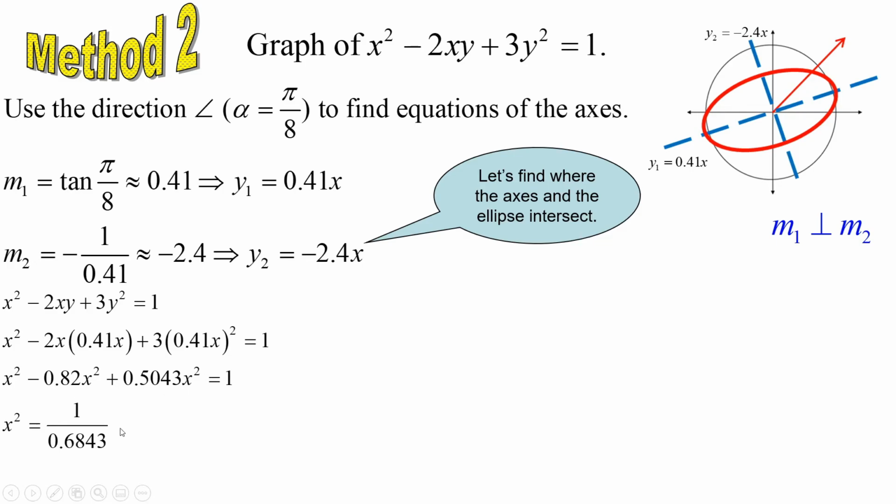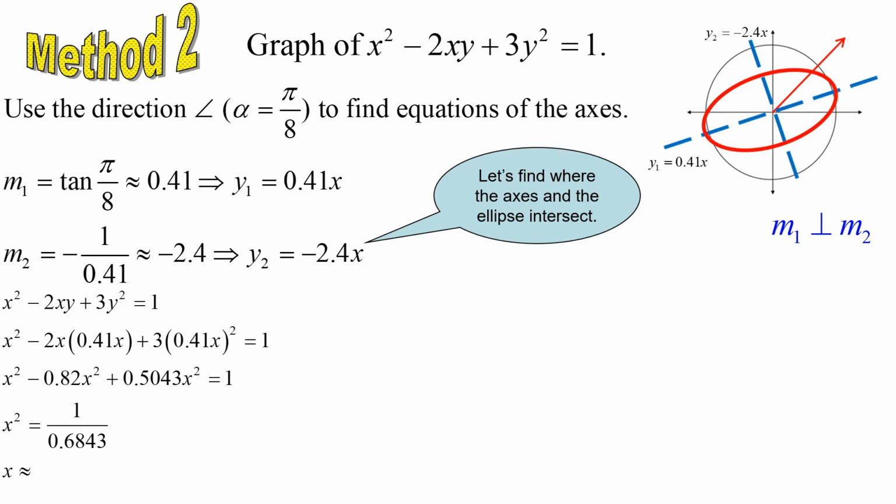And yeah, I did skip a little bit there, but I'm trying to be somewhat efficient here. All right. So x then is going to be the square root of this funny expression, a fraction with a decimal. I don't really like that, but hey, it's the final results we're looking for here. So we're going to go, x then is approximately, and we're going to get a plus and a minus root. So let's go second square root of 1 divided by 0.6843.